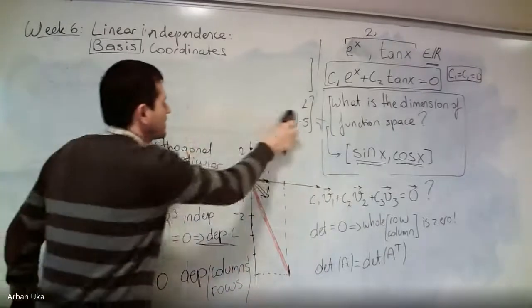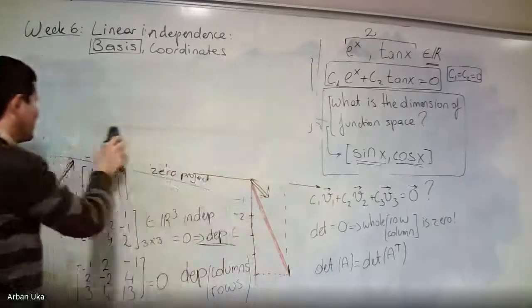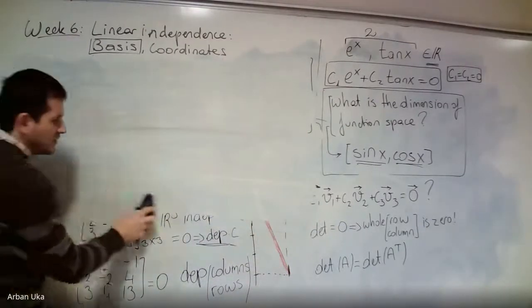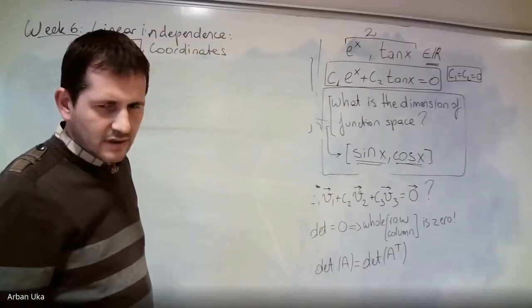I hope that with the examples that we covered, at least with the last example, we learned that. Yes. So couldn't we say that the number of linearly independent vectors in a matrix is equal to the number of rows with leading ones?